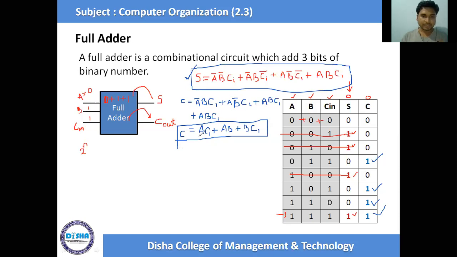For this carry, we have 3 combinations, 1, 2, 3. Three AND operations. There is no use of the NOT gate.